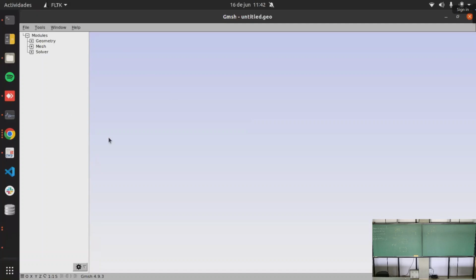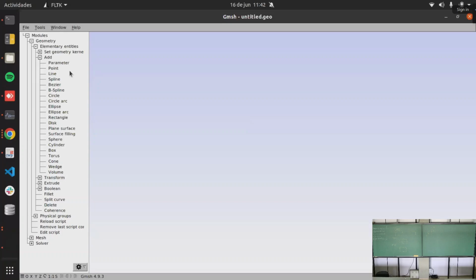So this is the software, and I start with the elementary entities like points, lines, circles.